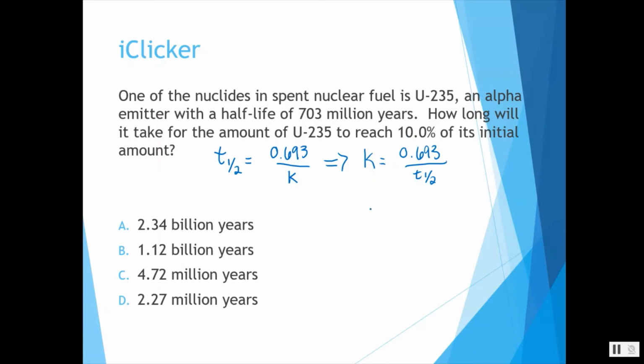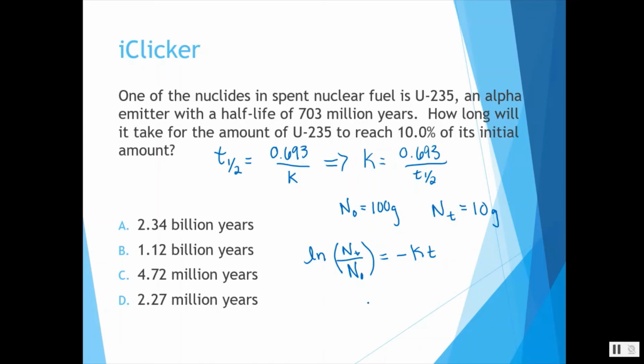So if I have 10% of my initial amount, if you just say that you started with 100 grams, when you're down to 10%, that means that you're going to have 10 grams at that time. And so we have our N(t), 10 grams. We have our N naught, 100 grams. We know our rate constant. You can plug it in and solve, and then you'll be able to rearrange and solve for t.